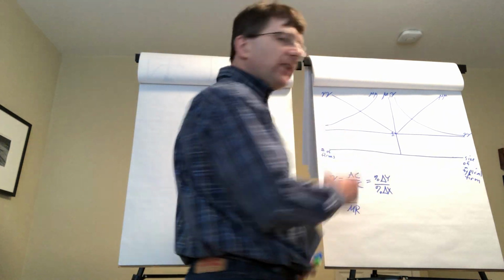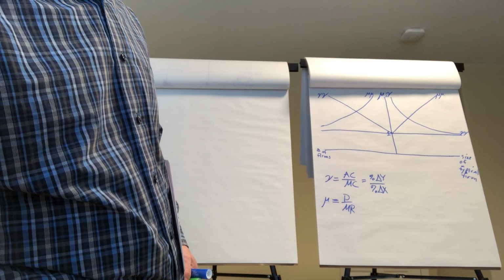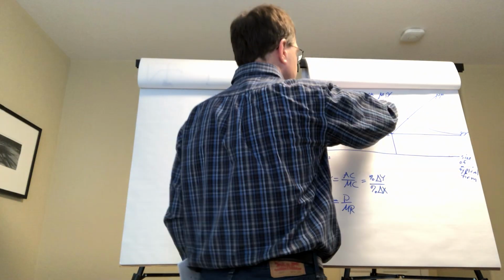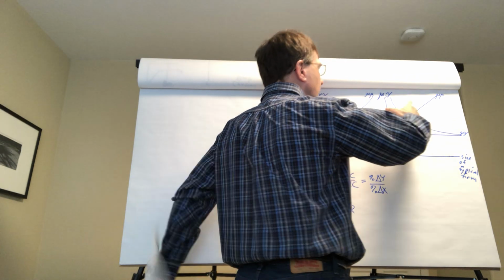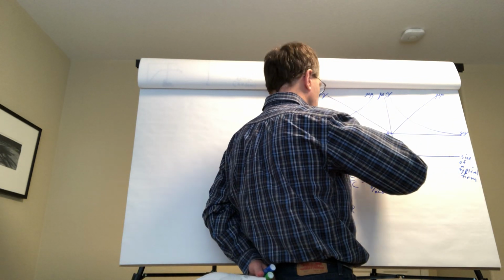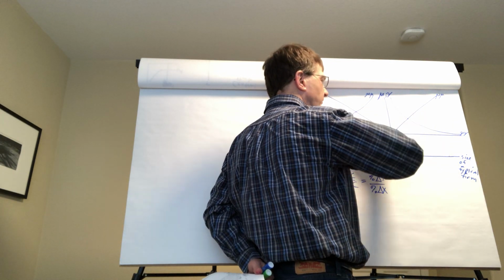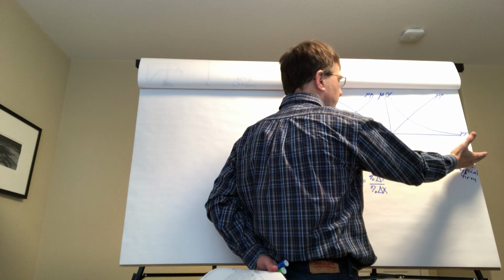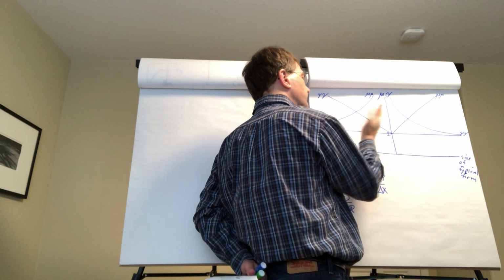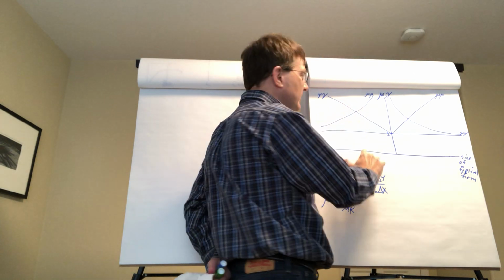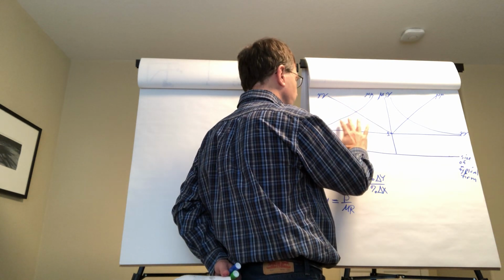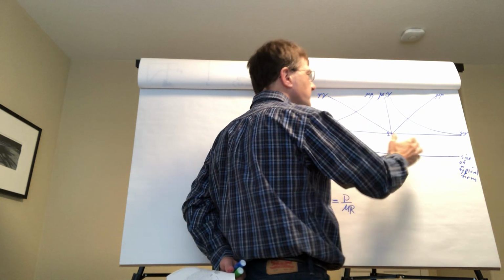But we first need to talk about the graph itself, so let me remind you how it works. I really have two graphs here. This one has the size of a typical firm, and then this graph, which is almost a mirror image but flipped this way, is the number of firms.